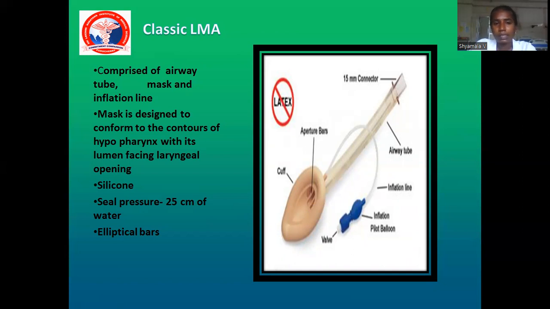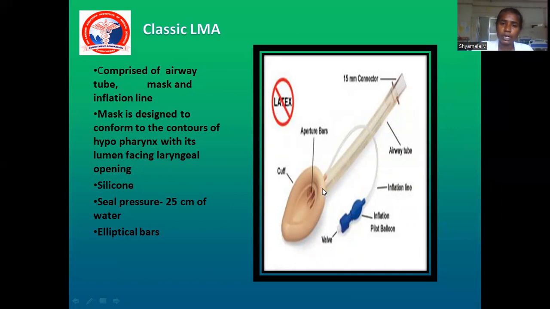The mask is designed to conform to the contour of the hypopharynx with its lumen facing into the laryngeal opening. This is the lumen. It has to face the laryngeal opening. It is usually made up of silicone with a sealing pressure of 25 centimeter of water. It has an elliptical aperture bar, and it has a universal 15 mm connector.